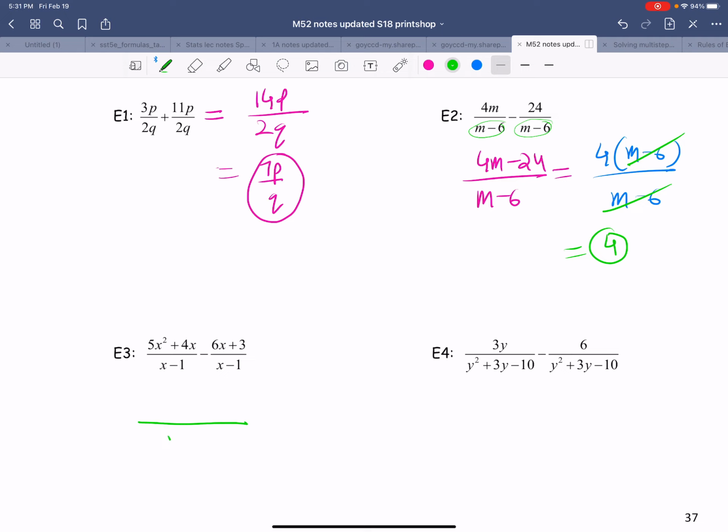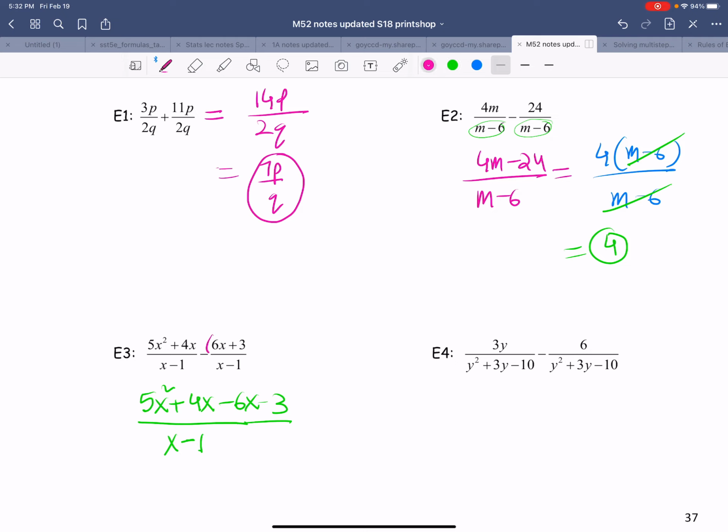Example number 3, again, do not factor. That would not be correct, to start factoring the numerator here or pulling out the x GCF from the numerator. So when you have the common denominator, start by writing the common denominator as the denominator of the new fraction and combining the like terms in the numerator. 5x squared plus 4x minus 6x minus 3.